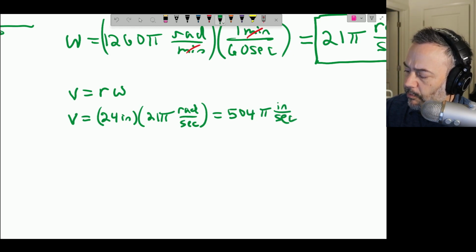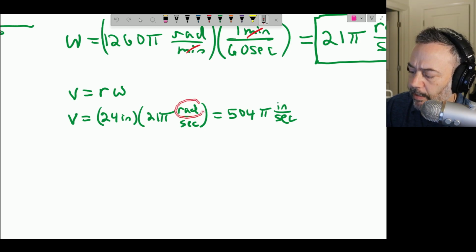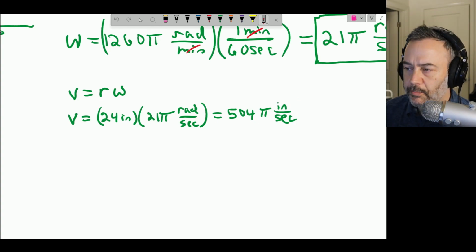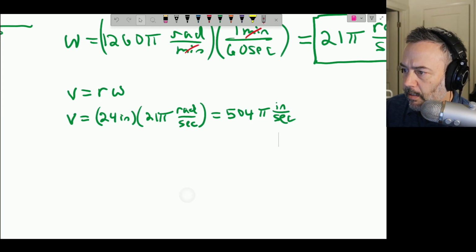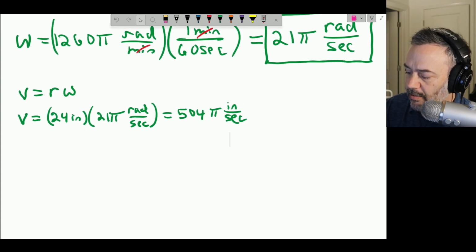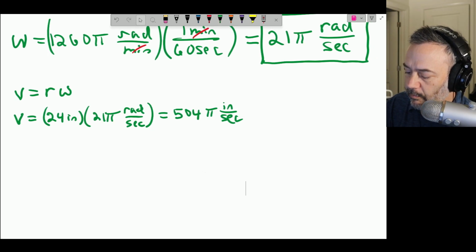Now, remember in my prior video, angles, radians and degrees are dimensionless. So our unit of this velocity is inches per second, which is what we expect, a distance per time for velocity. But we want miles per hour. So now it's just a bit of work to convert this. We would multiply 504 pi inches per second.